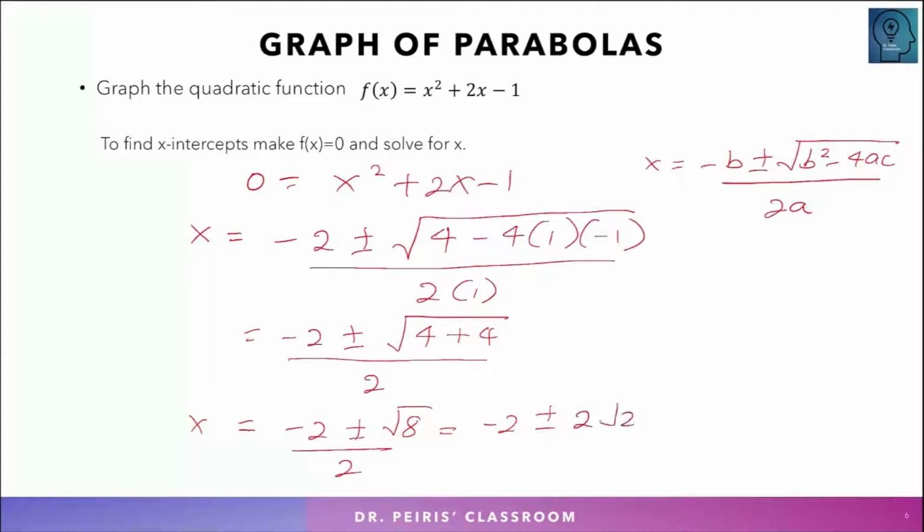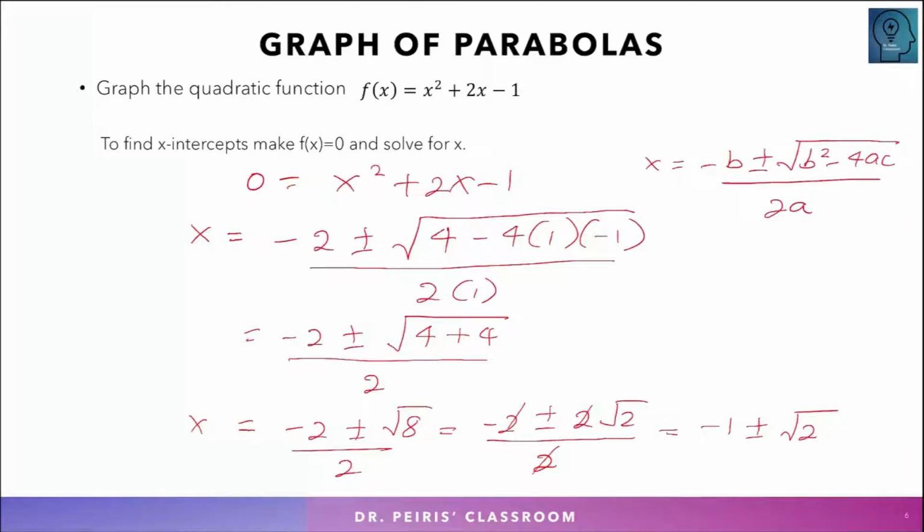So this can be written as 2 radical 2 over 2. Now the 2 is common to each and every term, so we can cancel out the 2 from each. It must be there in each and every term to cancel out. So this becomes negative 1 plus or minus radical 2. So these are the x-intercepts: negative 1 plus or minus radical 2.